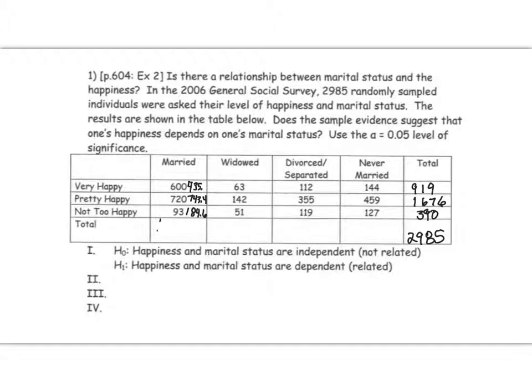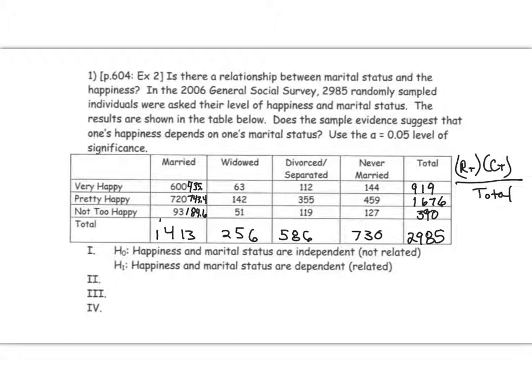And across the bottom, I get 1413, 256, 586, and 730. And remember, it's row total times column total divided by the total.